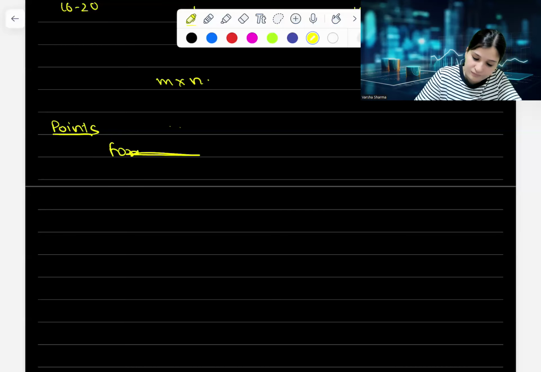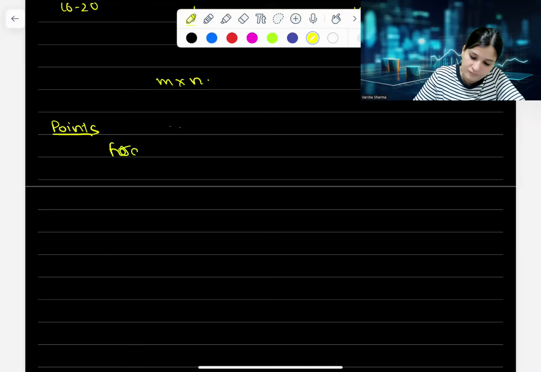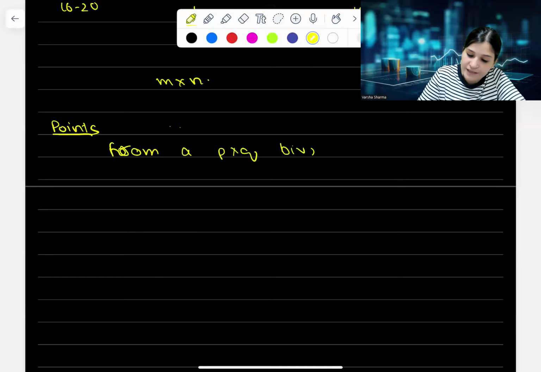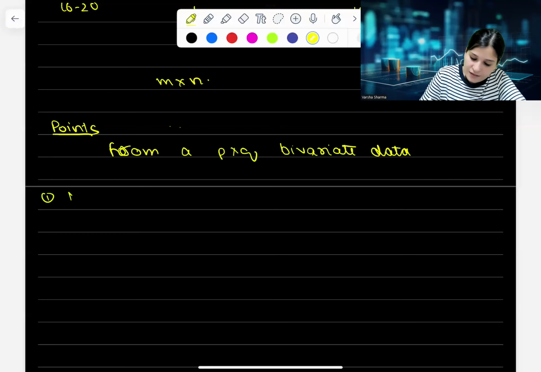From a P by Q bivariate data, number of marginal distributions: 2.